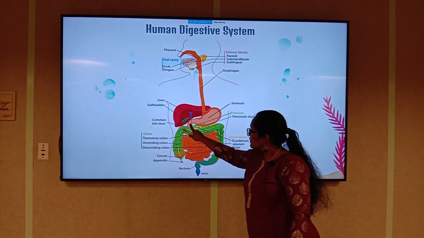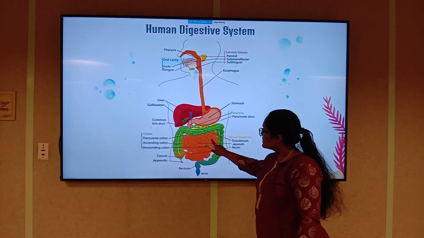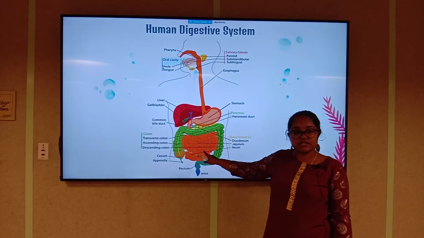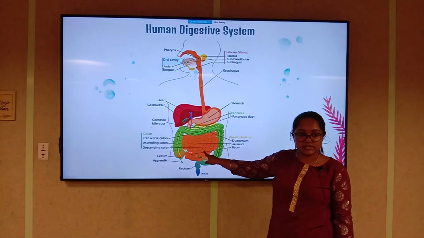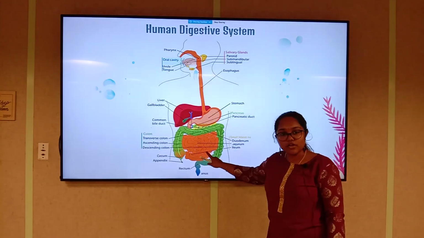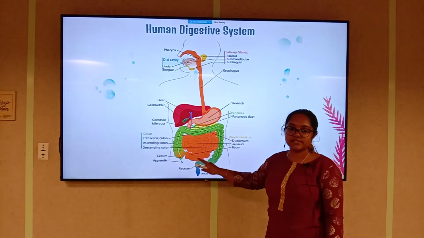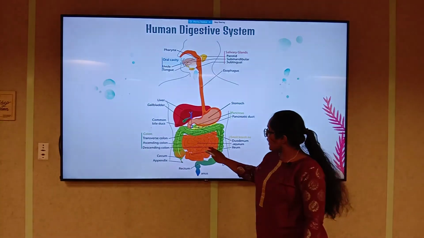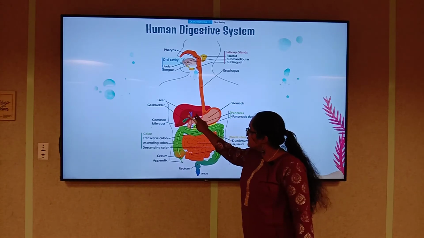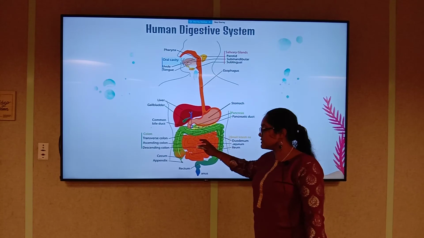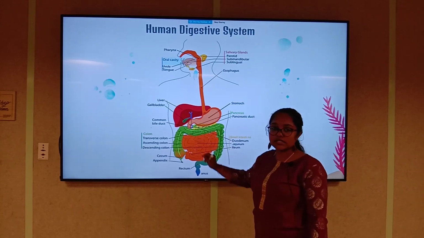The stomach opens to the small intestine which is highly coiled, and it is 6 meters, 1.5 to 2 meters in length, and very coiled. It is where exactly the complete digestion takes place. Why? Because the liver and the pancreas are releasing the enzymes into the small intestine.